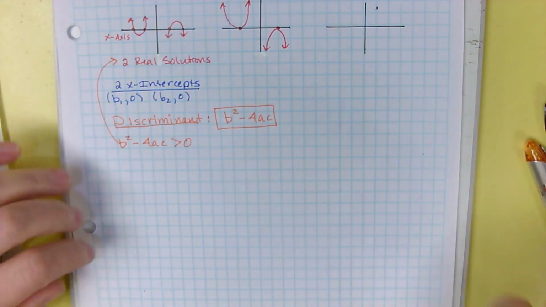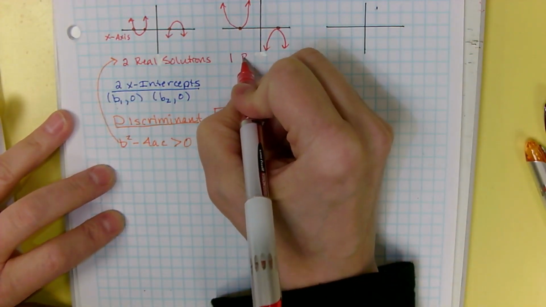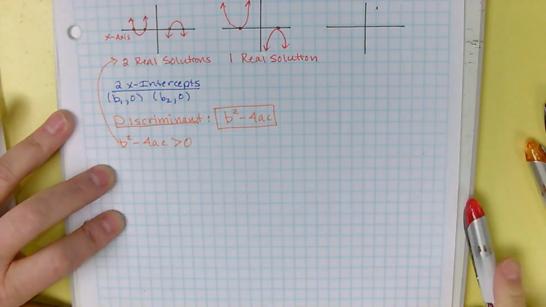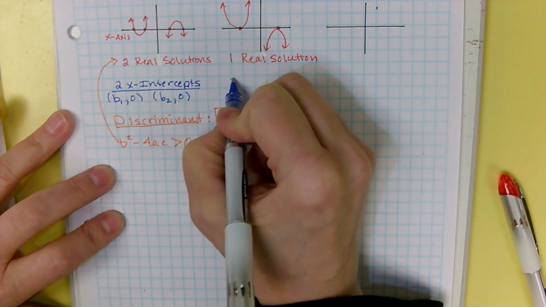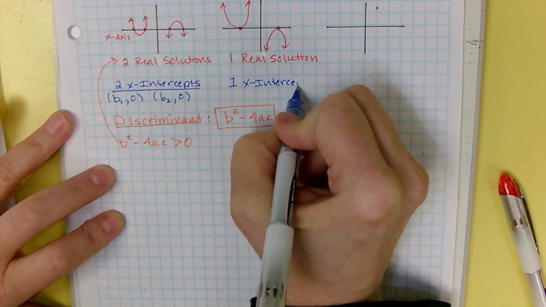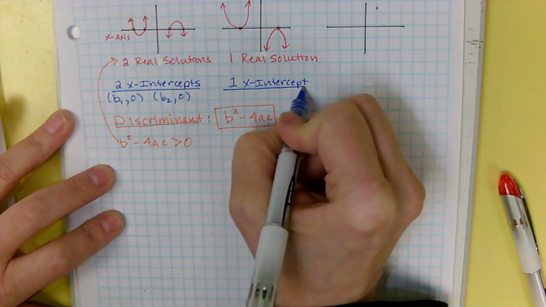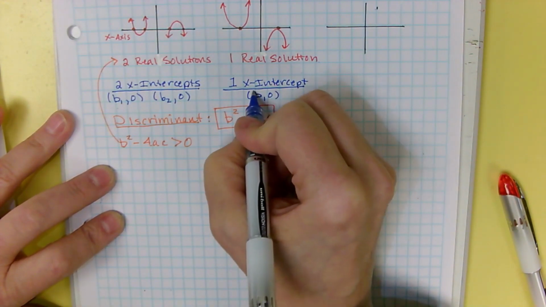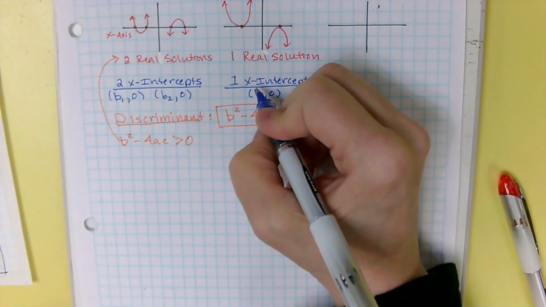There's only one x-intercept. That means there is only one real solution, which means there is one x-intercept. And you would take your one solution and put it with a comma 0 as the x-intercept.